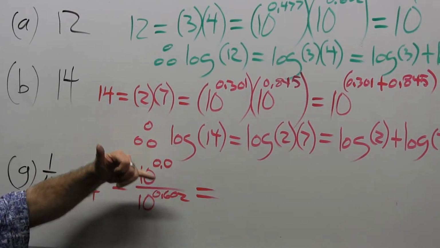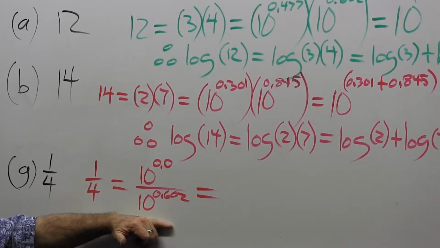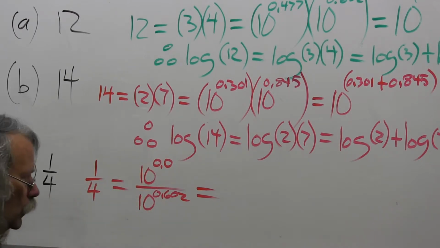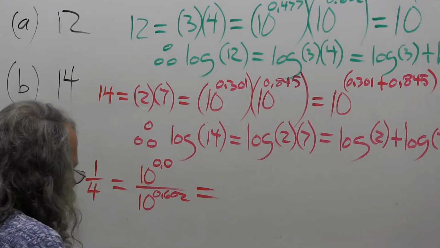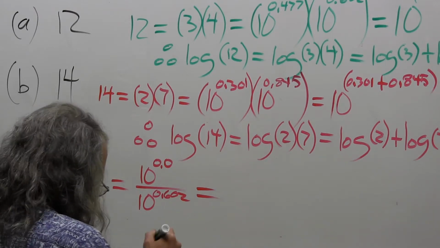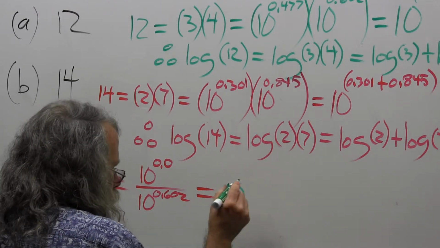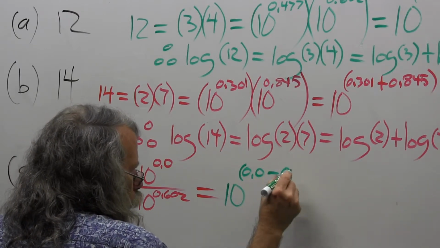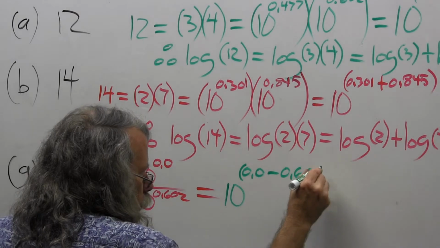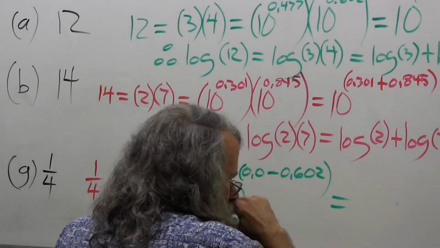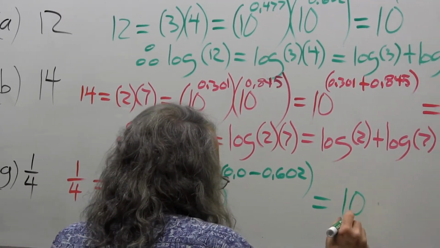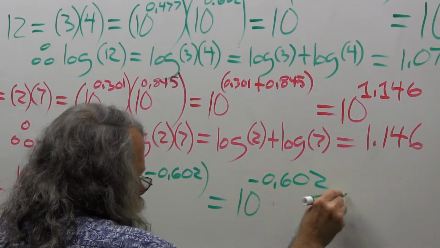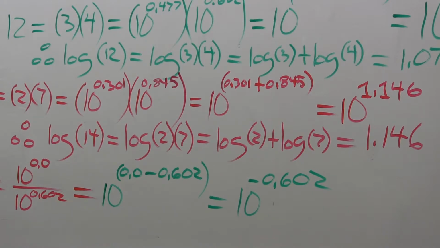In this case, when I divide two numbers, I subtract one from the other, and this is equal to 10 to the 0.0 minus 0.602, which is equal to 10 to the minus 0.602.